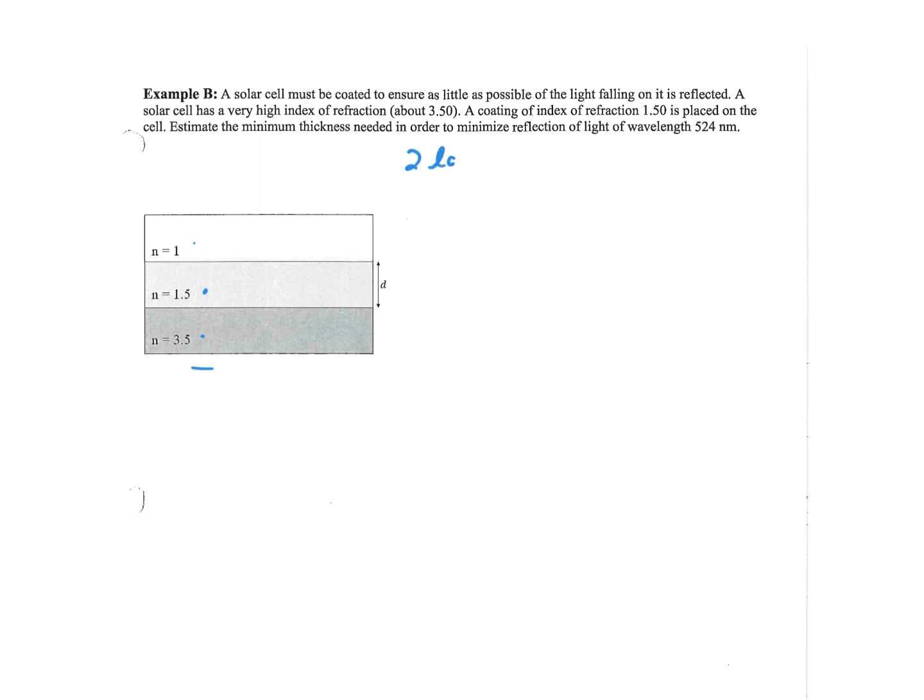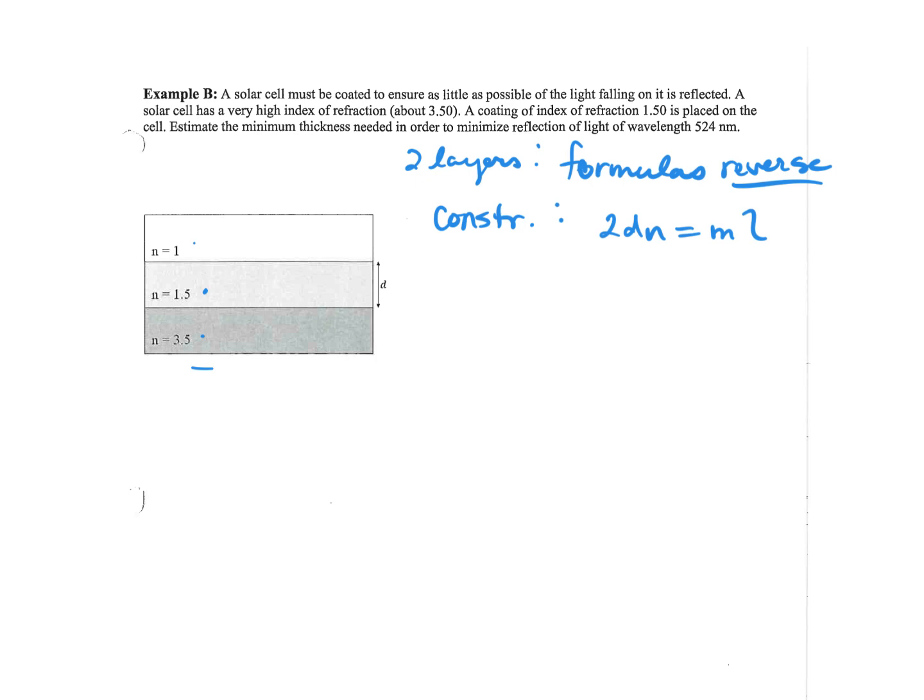What we find out with two layers is that the formula is reversed. Now constructive is 2dn equals m lambda, and destructive is 2dn equals m plus 1/2 lambda.